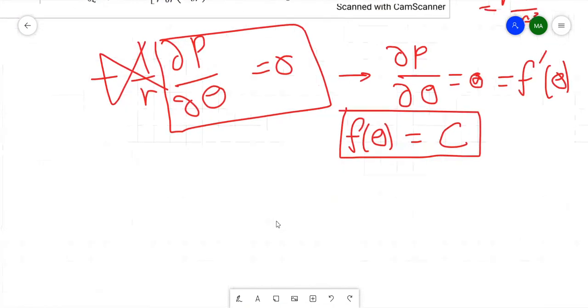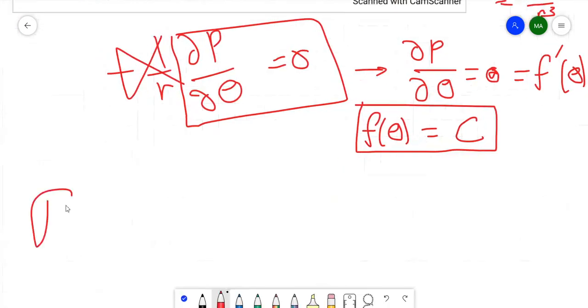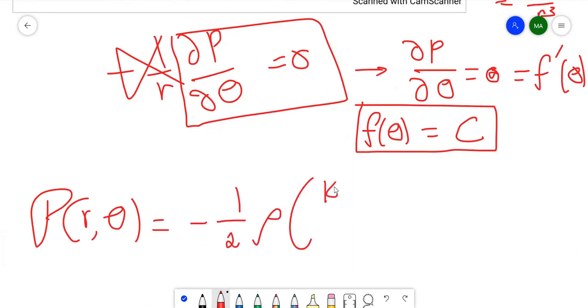Now all that's left for us is to write the relationship p of r and theta equal to minus half rho times k squared plus c squared over r squared, plus a constant.